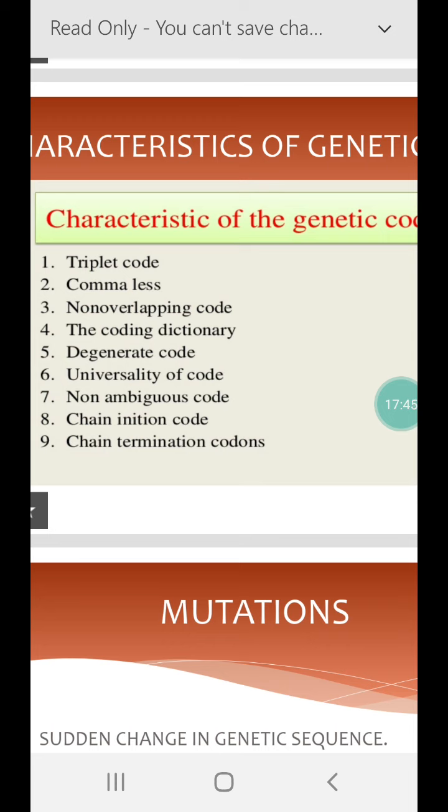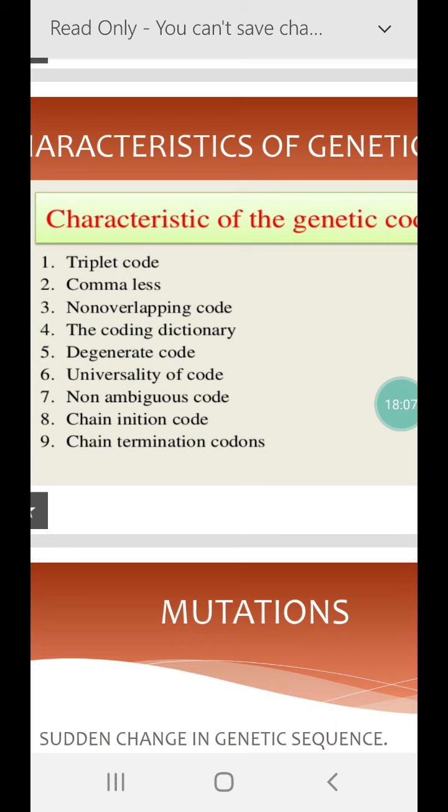However, there is an exception, that is AUG codes for methionine, and GUG codes for valine. But if AUG is not available, then GUG codes for methionine as a start codon in protein synthesis.